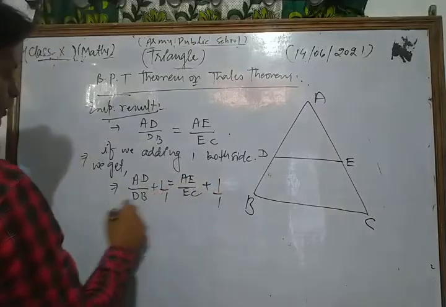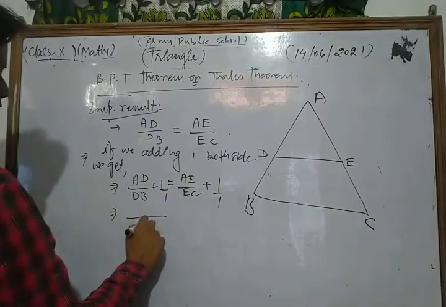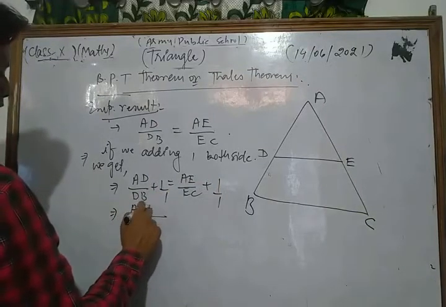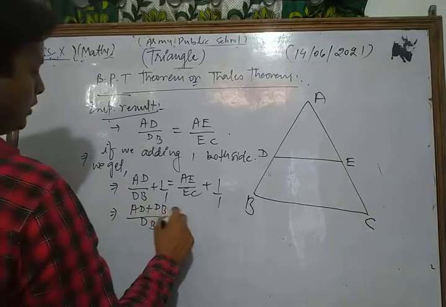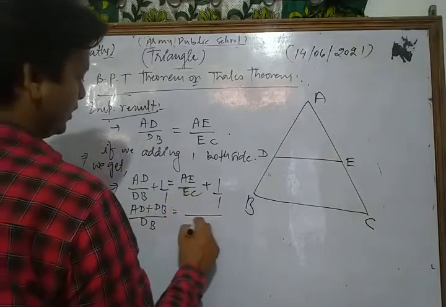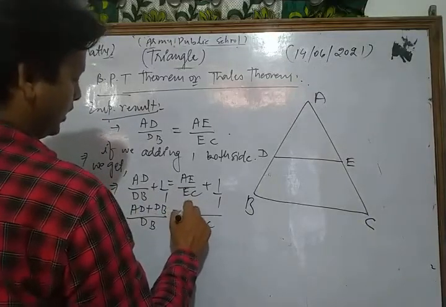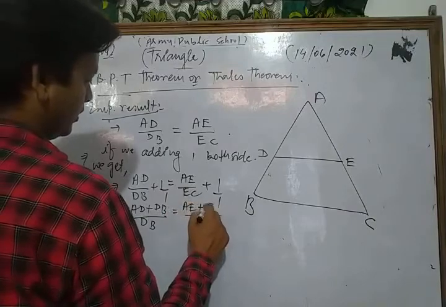Now we take the LCM, DB on the left and EC on the right, so here we have AD plus DB upon DB equal to AE plus EC upon EC.